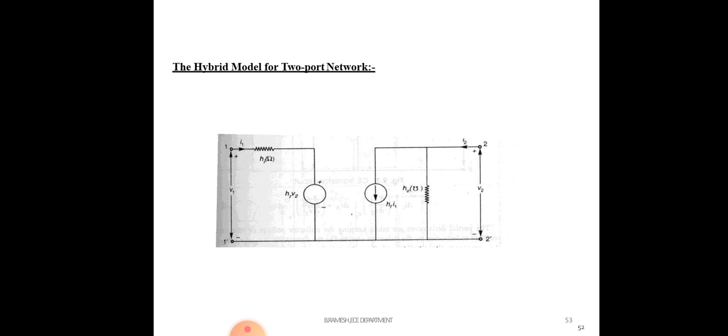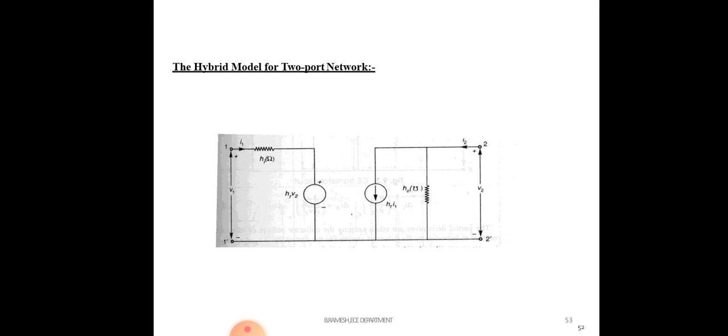And here we can write Ho. Ho is the output admittance, so we replace the h parameters like this. This is the general h parameter model for any configuration.